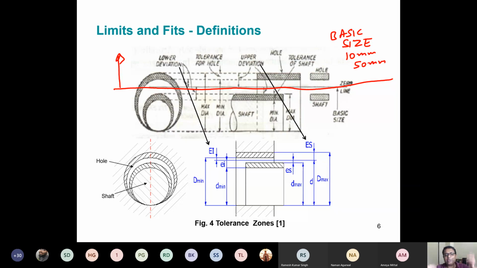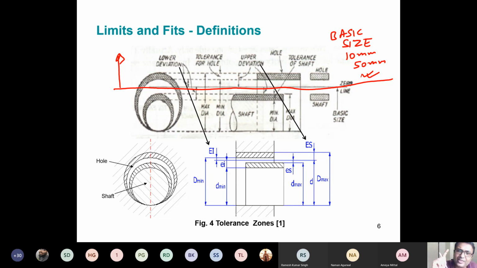I want to make a 50 mm hole. My problem is I can never make a 50 mm hole exactly. So I will have some tolerances over it. I can ideally imagine my basic size on paper, though maybe not on the part. So imagine that this is my zero line. My zero line corresponds to basic size.